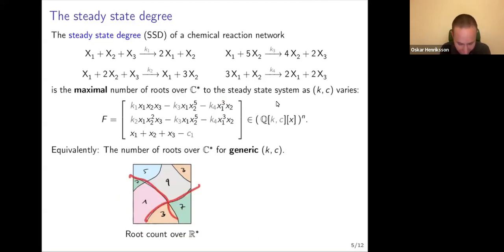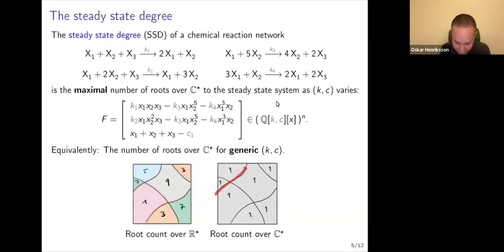That would be the discriminant. But over the complex numbers, there is still the discriminant, but everything except the discriminant has the same number of complex roots. And that will be the steady state degree in this case. Okay, so that's what we mean by the steady state degree.